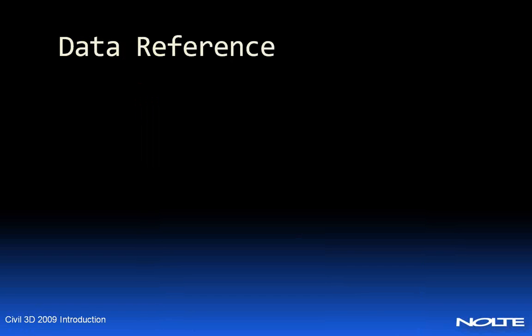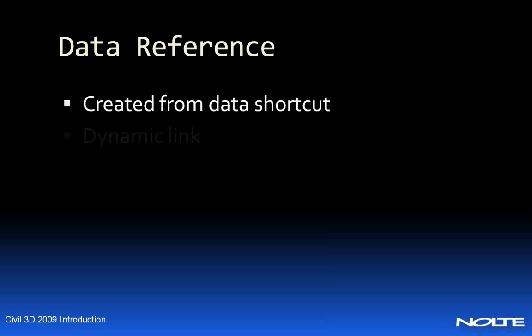All right, so the first piece is called a data shortcut. From a data shortcut, we create what are called data references, which are created from the data shortcut. These are dynamic links, meaning if I modify the source object, all references to that object will also update.